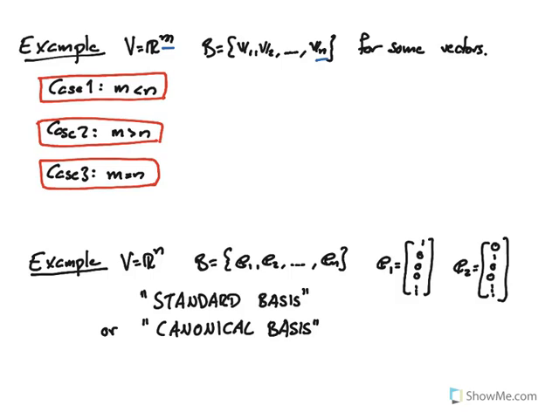And now the question is, what can we say about whether B is a basis for V? So now all we're going to do is generalize the discussion from the last couple of examples. So first of all, suppose that we're in the case where m is smaller than n. So we have more basis vectors than there are elements in a vector in V.